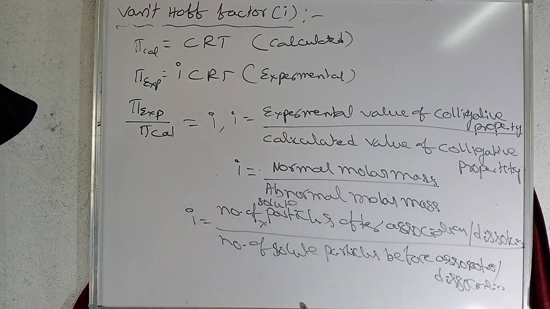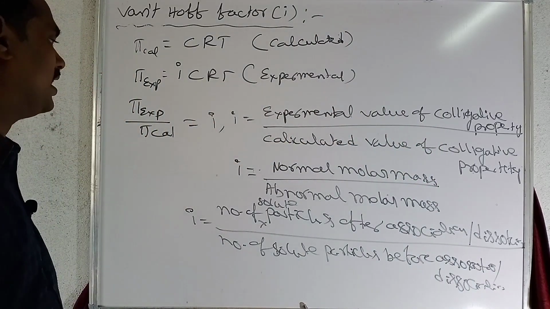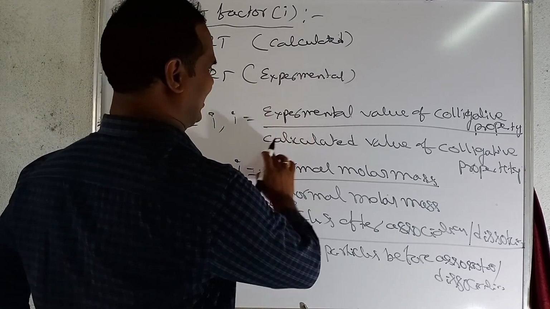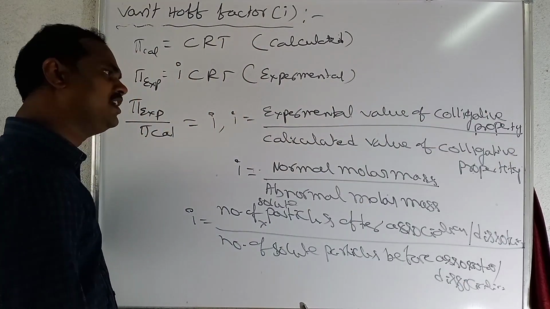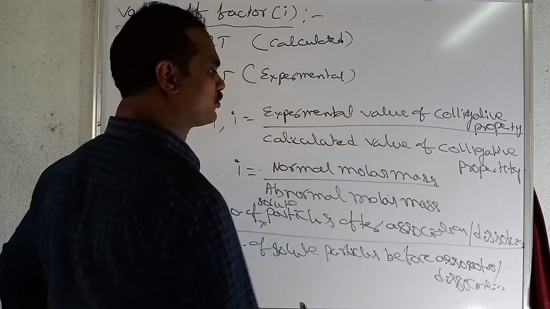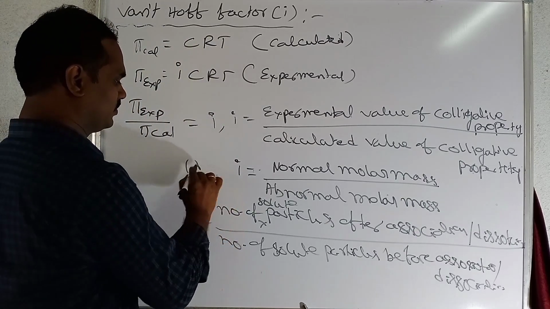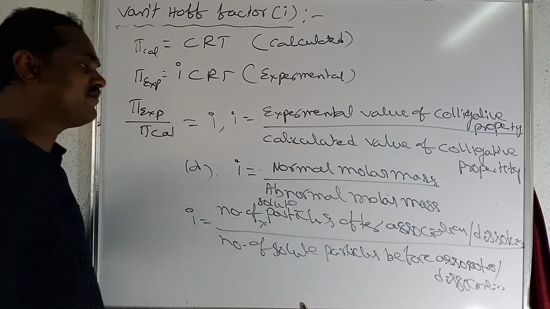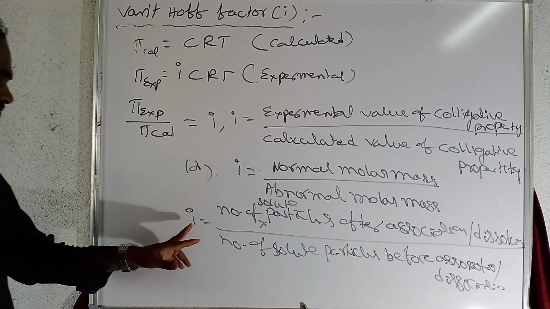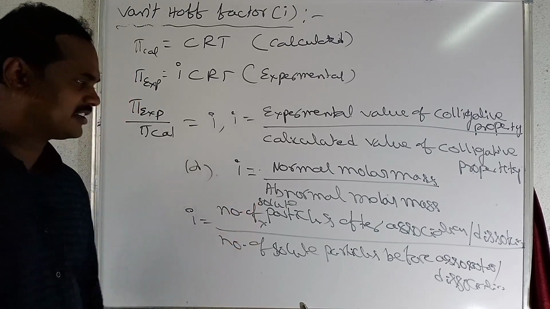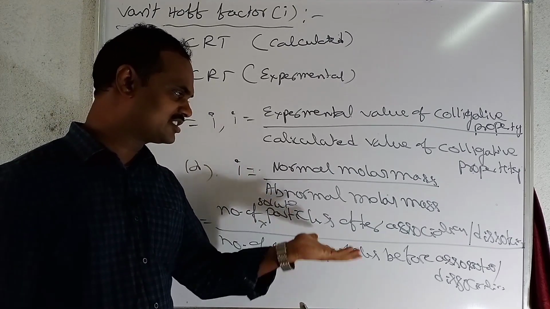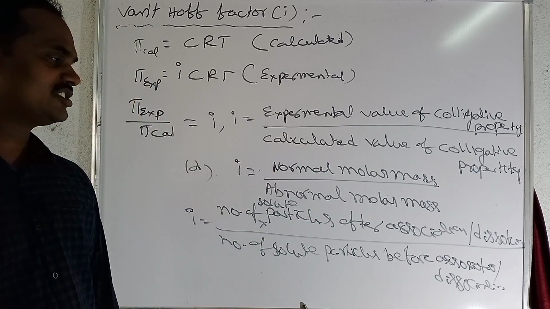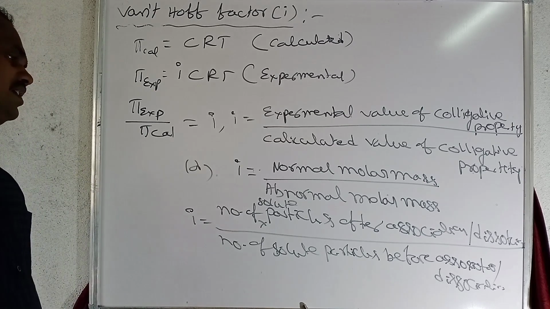These are the different definitions for the Van 't Hoff factor. Here the Van 't Hoff factor is denoted by i: the experimental value of colligative property by the calculated value of colligative property; or second, the normal molar mass of solute by the abnormal molar mass of solute; next, the number of particles after association or dissociation by the number of solute particles before dissociation or before association.